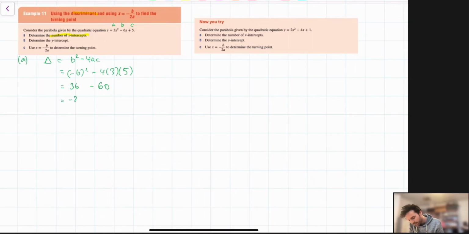And we get negative 24. Now, as the discriminant is less than 0, we know that there's no real solutions.